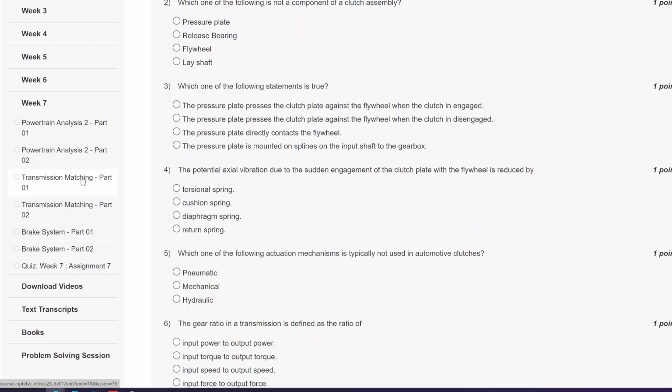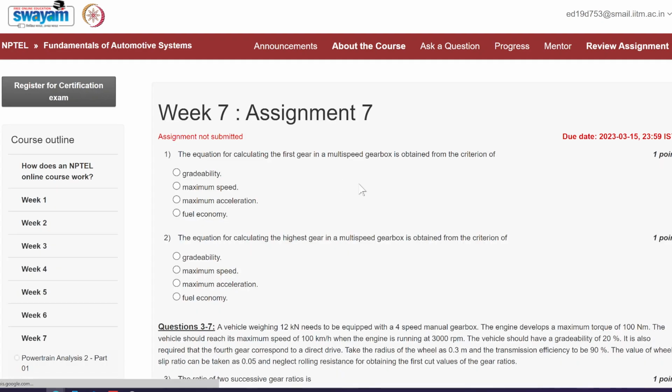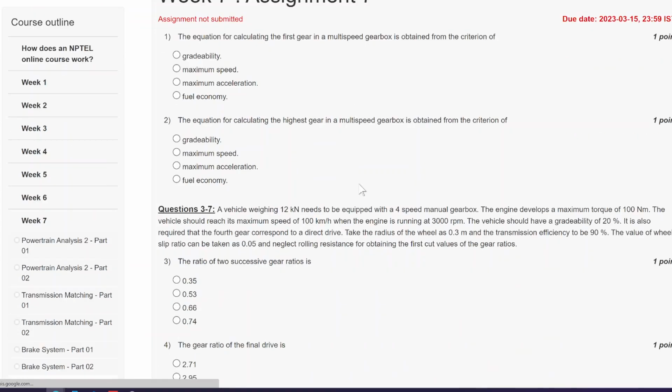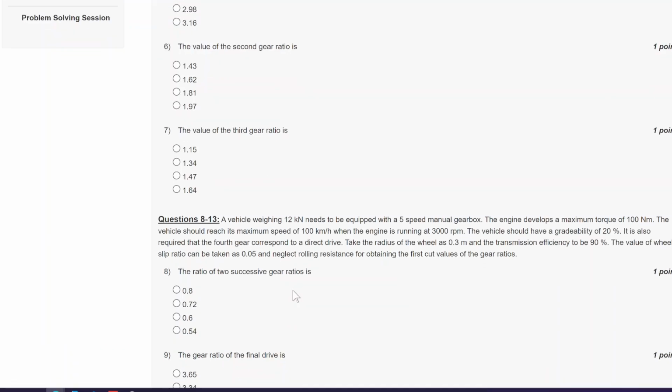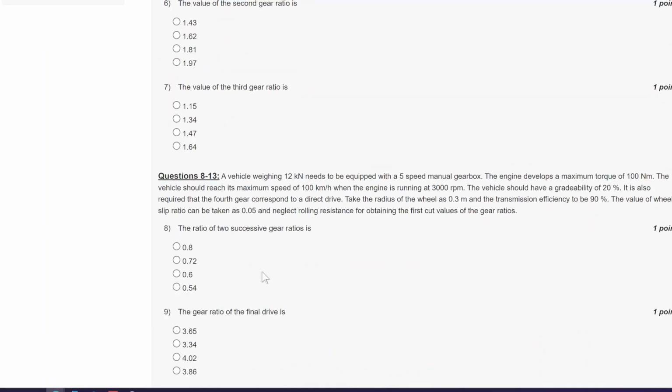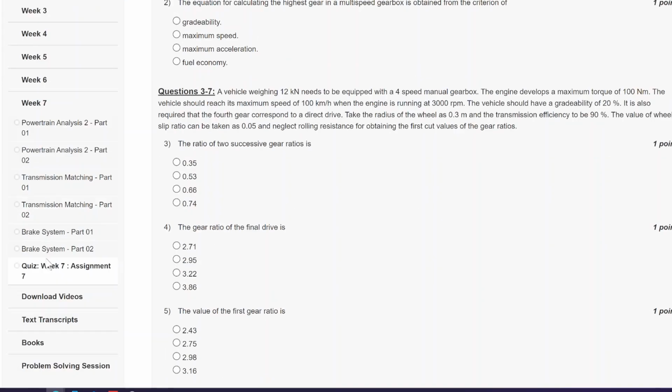I think we have done a part of the transmission matching portion today. These questions you should be able to solve after today's discussion. They are pretty similar. Then we will move on to the brake system.